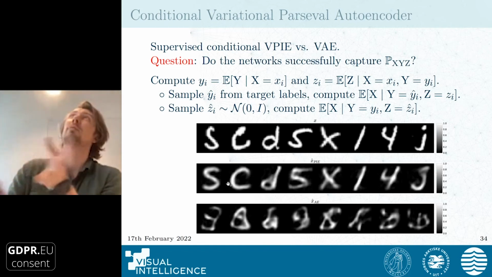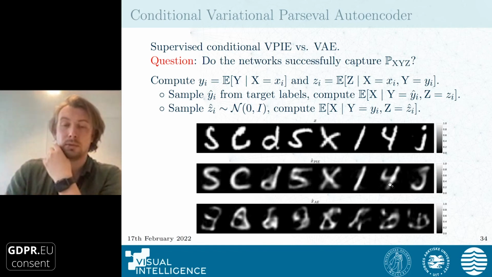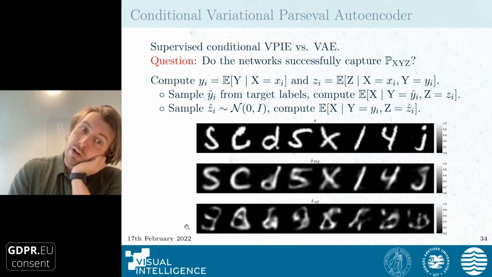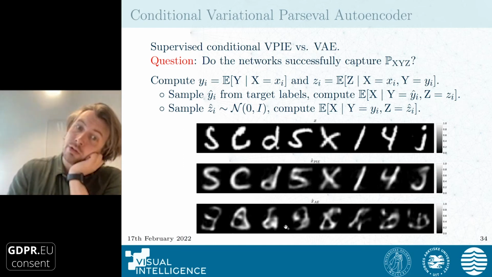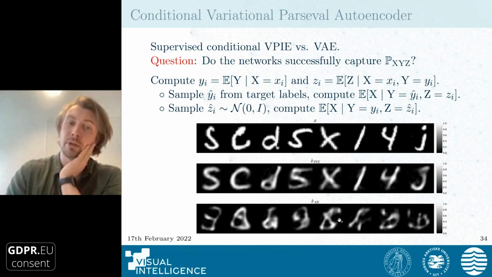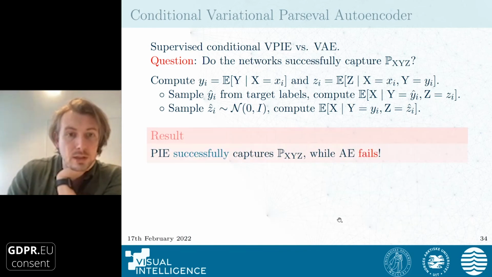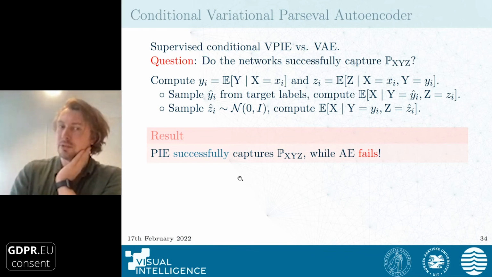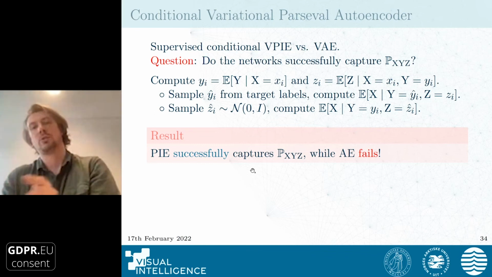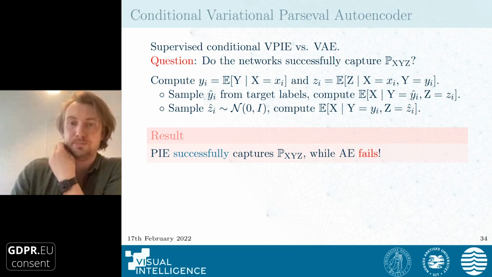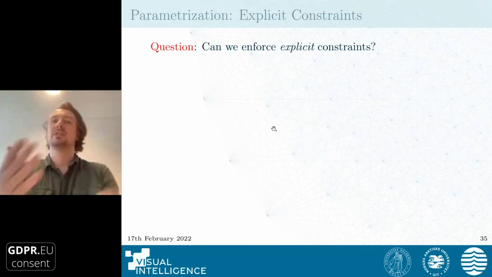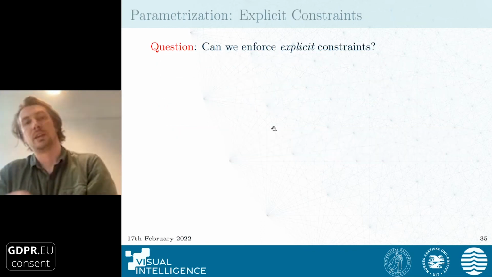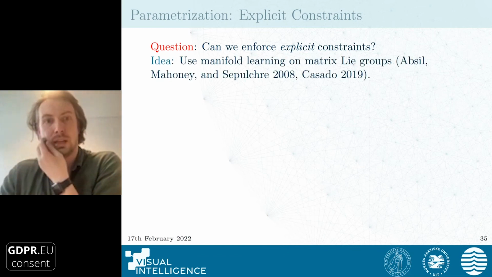It can fully parameterize the shape of the reconstructed images. Whereas the autoencoder doesn't do that at all. It simply outputs garbage. So the result is that the pseudo-invertible encoder successfully captures this joint distribution, while the autoencoder fails. So the question is, can we now enforce explicit constraints on our weights?